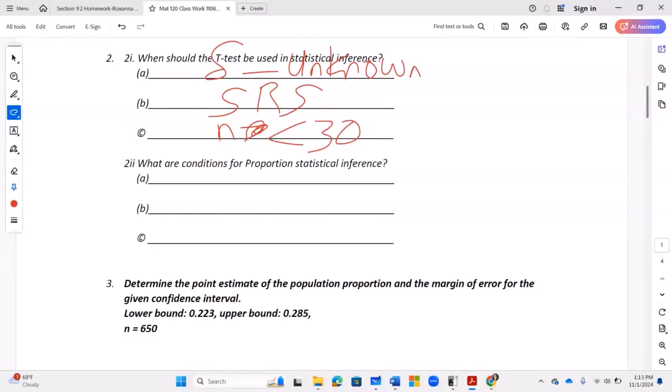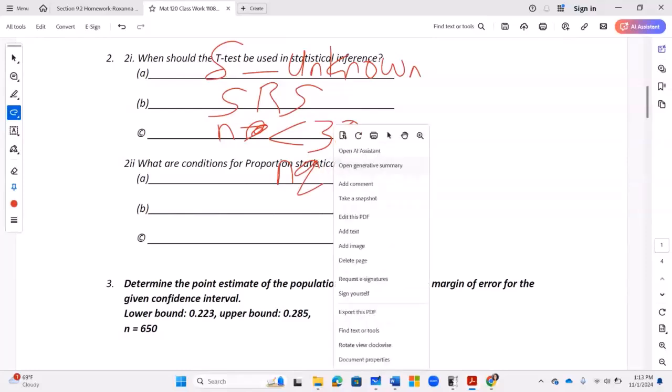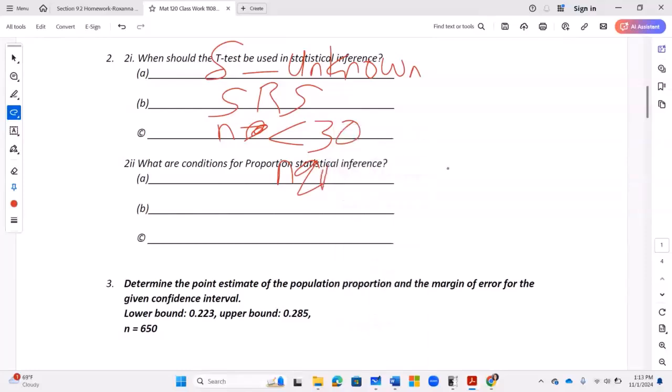Also, what are the conditions for proportion? We started proportion last week. For me to convert from binomial to normal, the variance of that data, npq, must be greater than or equal to 10, and the sample must be less than 5% of the population.